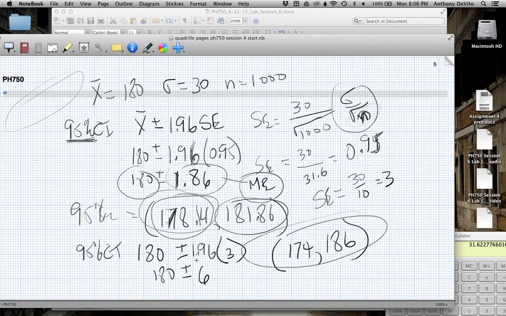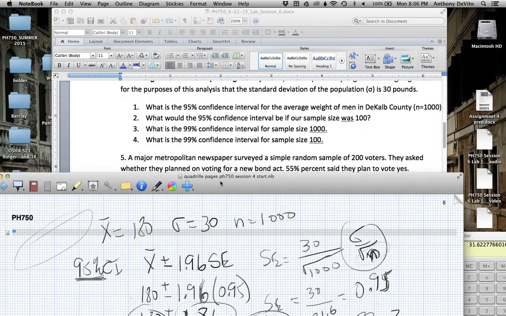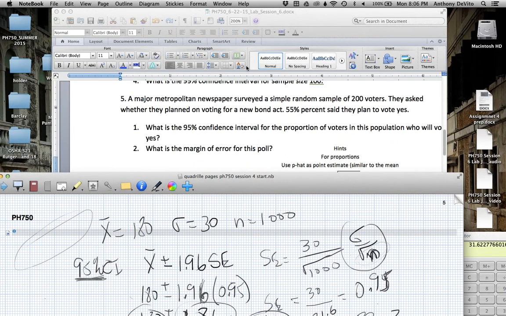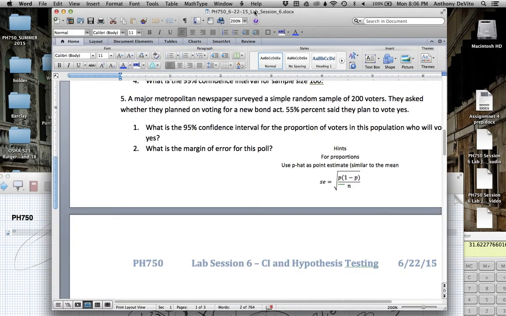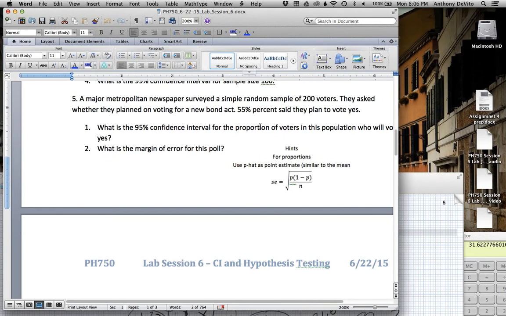And since it's bigger than 1.96, your margin of error is going to be bigger, which means that your confidence interval is going to be wider for that higher level of confidence at 99%. Okay, so now let's take a look at one that involves a proportion.